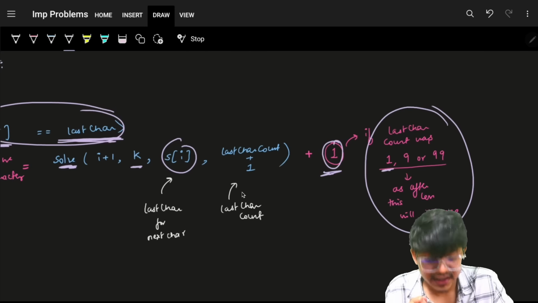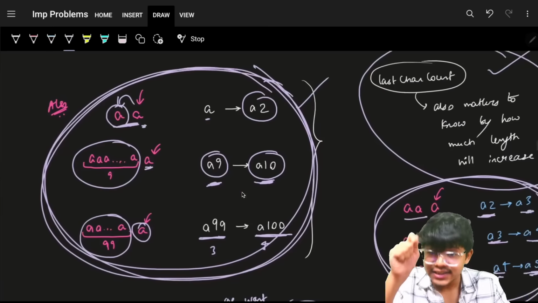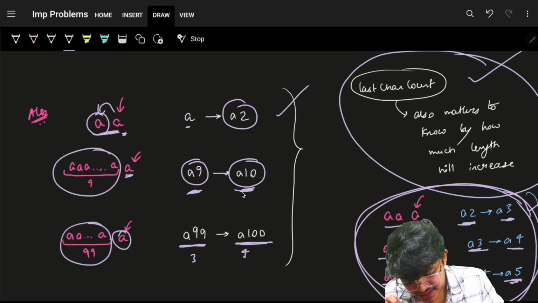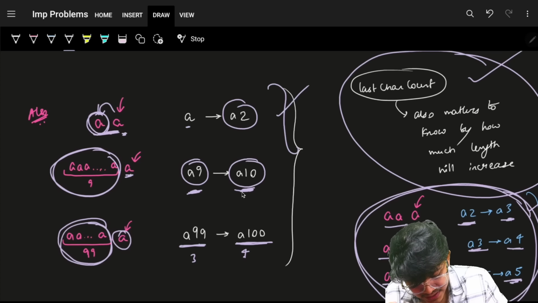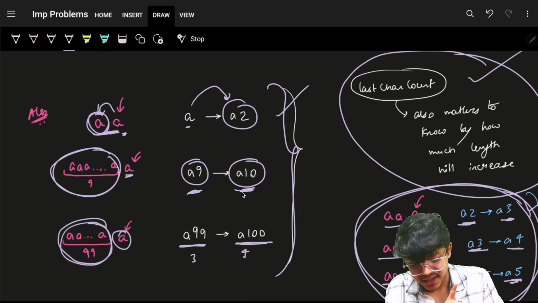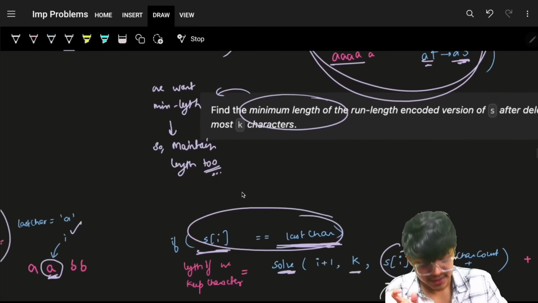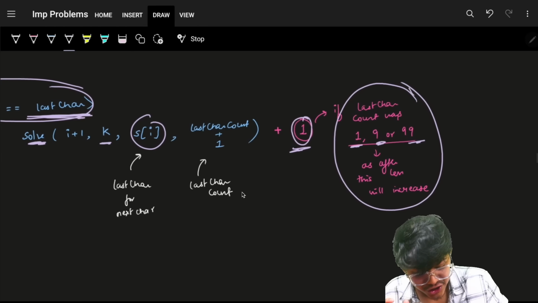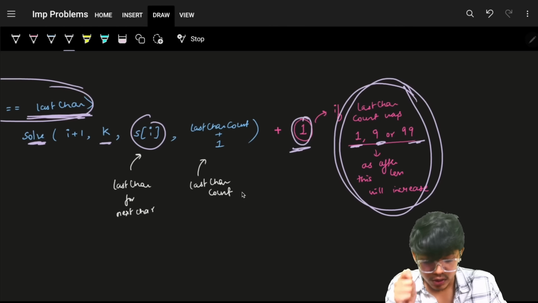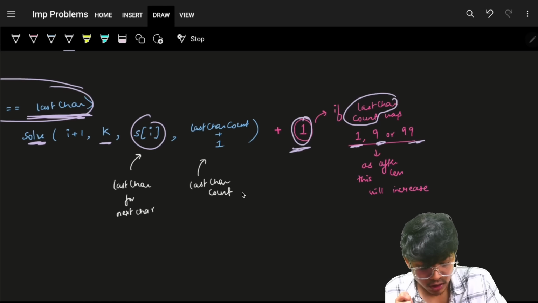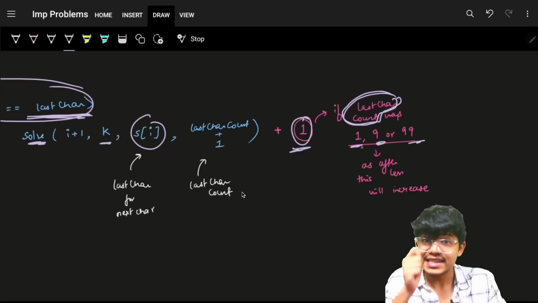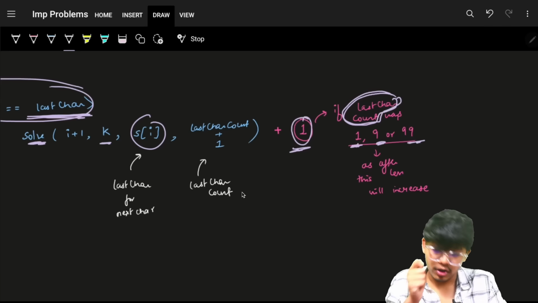When the last character count is 1, 9 or 99, as I showed you, your length will increase by just one stringed length. So my stringed length will increase only and only when my last character count is either 1, 9 or 99.